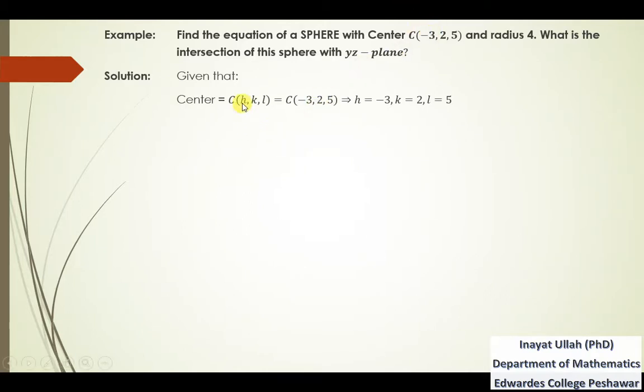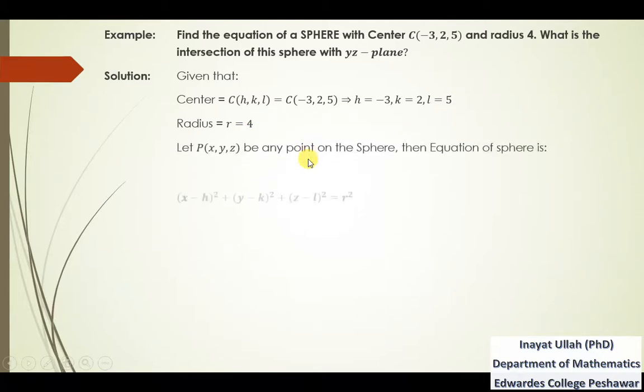Now comparing, h is equal to -3, k is equal to 2, and l is equal to 5. So these are the values of h, k, and l. And secondly, we are given the radius r is equal to 4.